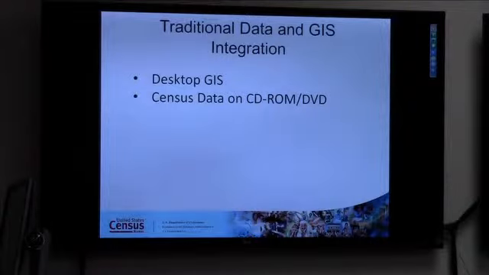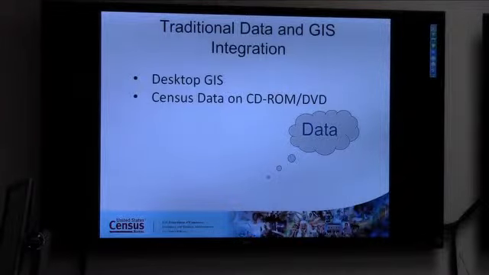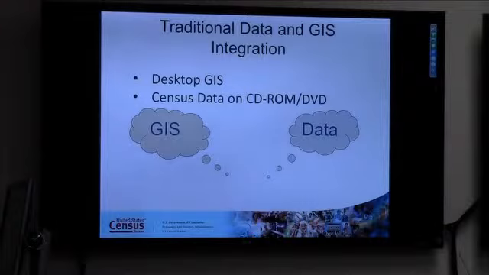So, traditionally speaking, when you have a desktop GIS and you want to integrate data with that desktop GIS, you have two sources of data that you need to worry about: your geographic data and your demographic data.